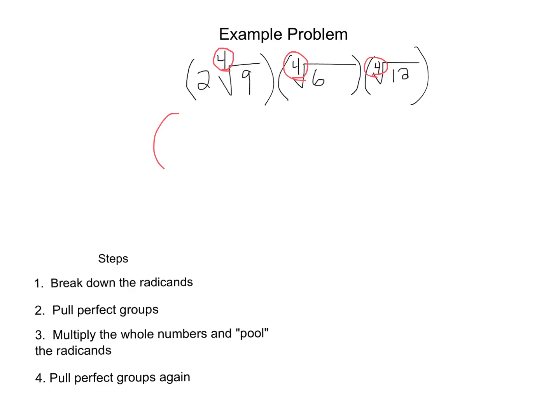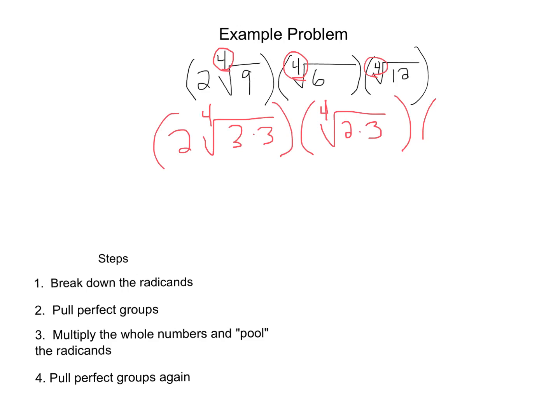So here we go. 2, now 9 I know is 3 times 3. 4th root of 6, now that doesn't go very far, but 2 times 3. And then 4th root of 12, 12 you break down as 4 and 3, and 4 is 2 times 2. So 2 times 2 times 3.